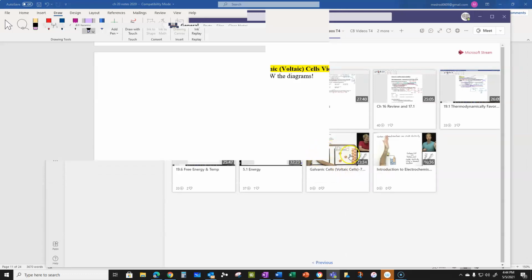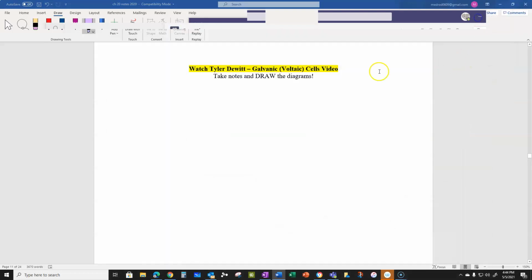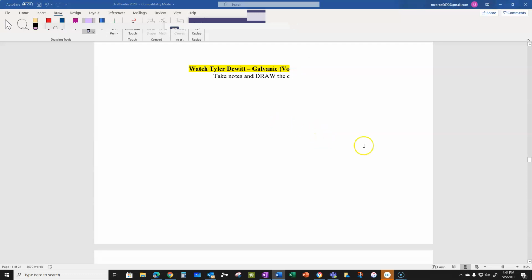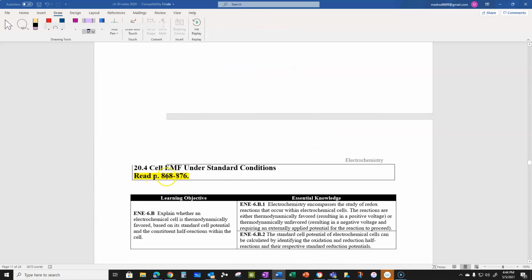That's the diagram that I'm looking for. You may have to pause and rewind a couple times to help your understanding. 20.4. See you on the next one.